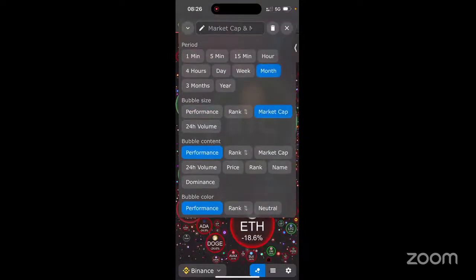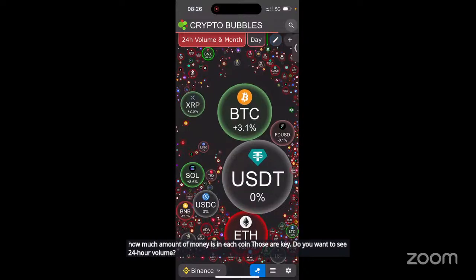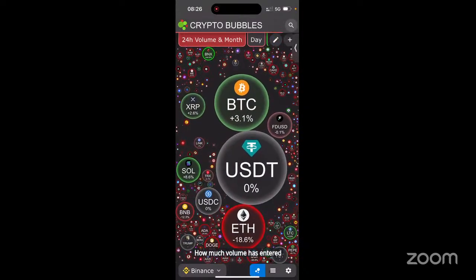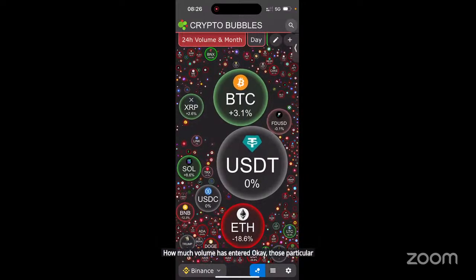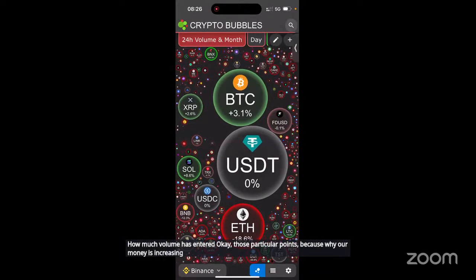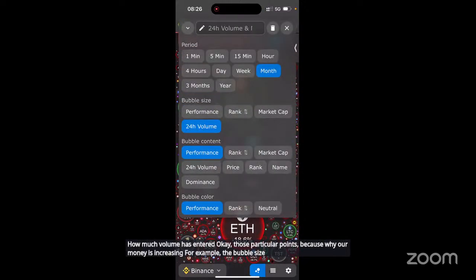Those are key. Do you want to see 24-hour volume, how much volume has entered? Those particular coins, because that is where money is increasing. For example, the bubble size is 24-hour volume.